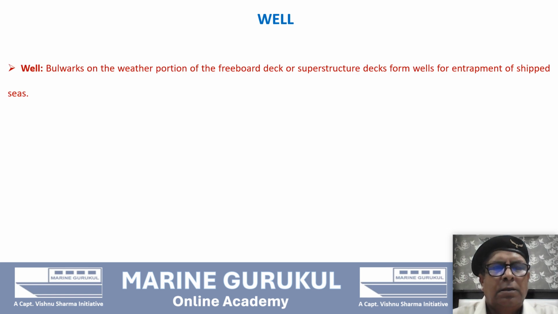Well, the bulwarks on the weather portion of the freeboard deck or the superstructure decks form the wells for entrapment of the ship's seas. Now we're talking of ships where you may have bulwarks on the exposed decks instead of railings. So when you have the bulwarks and you have the seas which ship on the decks, then these bulwarks act like the walls on the side, and the water gets entrapped as the water is there in the wells, because it takes time for the water to drain from the deck.